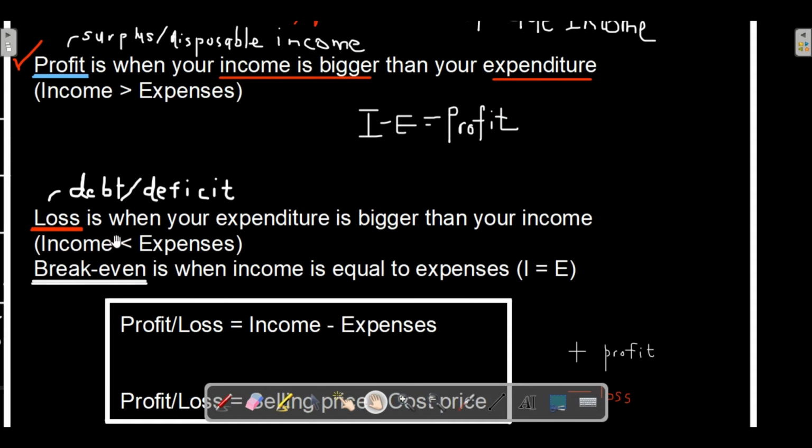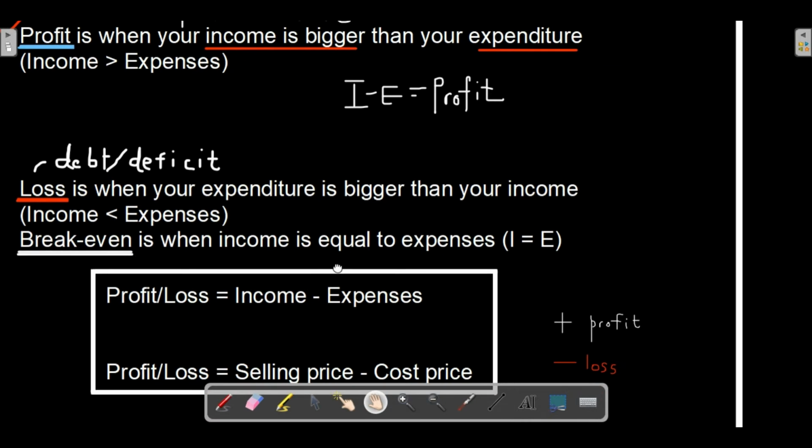Now, what happens if your income is actually less than your expenses? Then we call it the loss. So you've made a loss, and no one wants to make a loss, guys. A loss is when your expenditure is bigger than your income. You have more expenses than what you actually get.